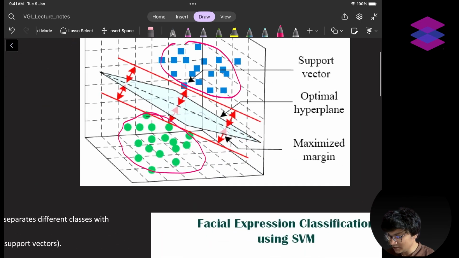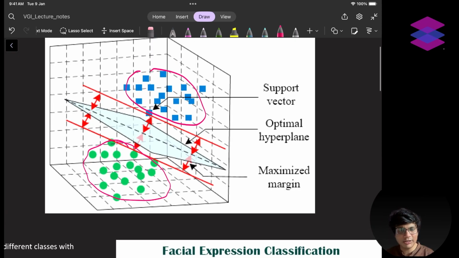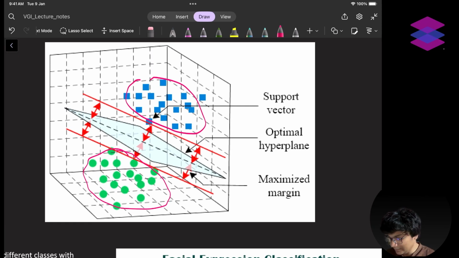Similarly, suppose your data looks something like this, then you could do it like this. This is your hyperplane, and these are your support vectors, because these are the closest lines to this line. This is my hyperplane, and this is the maximized margin.